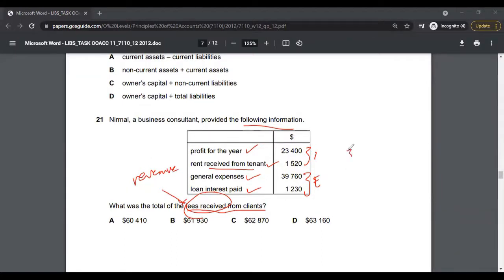So what we will do is 39,760 plus 1,230 minus the income 1,520, and minus the 23,400, and if you just do the math, that should give us the answer as 62,870. That is option C. So the answer to multiple choice 21 is option C.